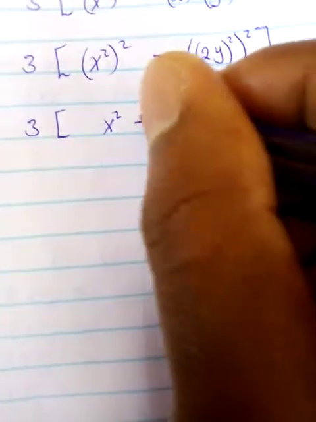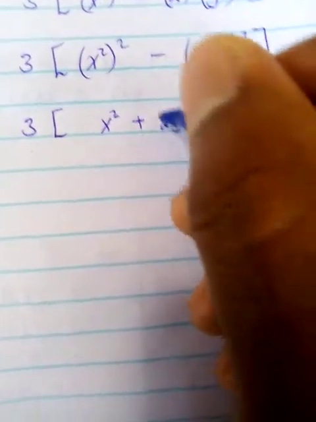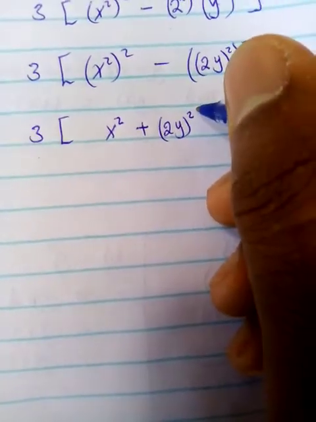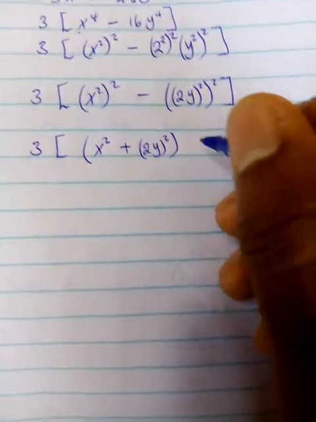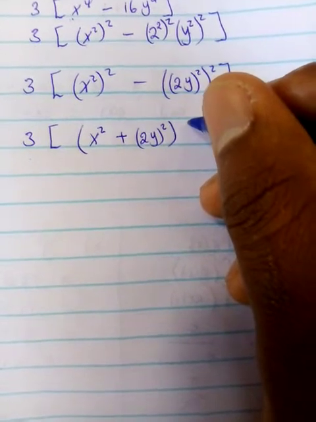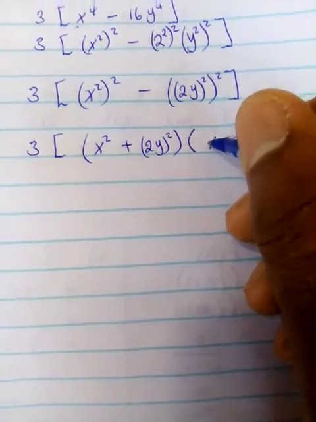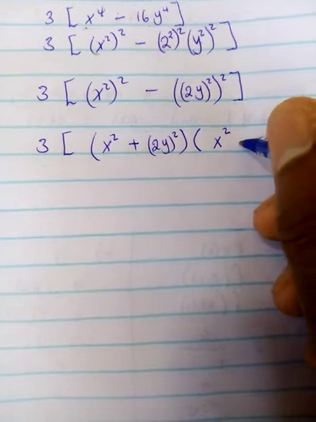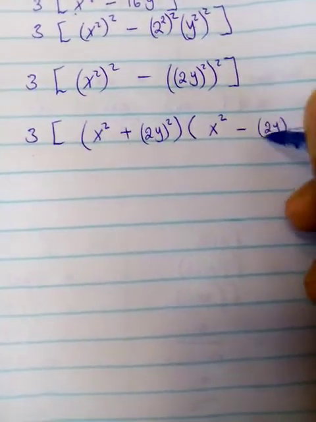So I take this as one number, I also take the whole of this as one number, such that I take a difference of two squares. So I can have a 3 into open brackets, x squared plus 2y squared, this is my first part. Then we are multiplying these two brackets, I can have x squared minus 2y squared.